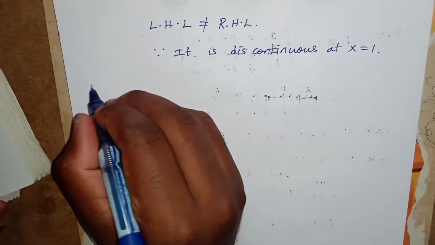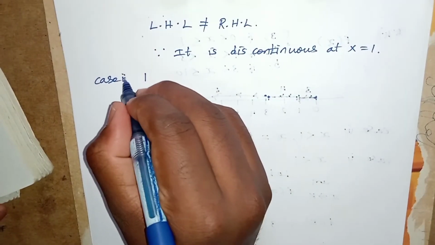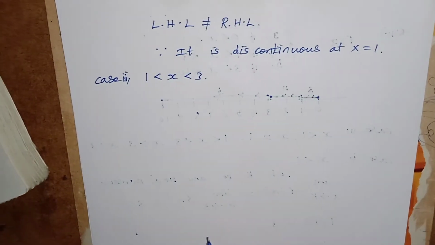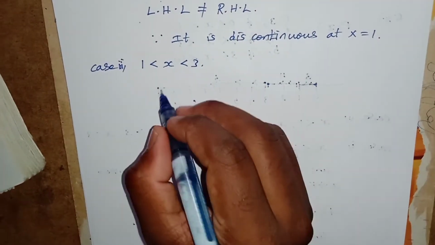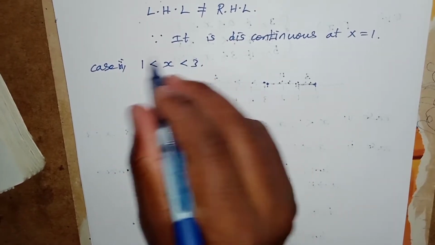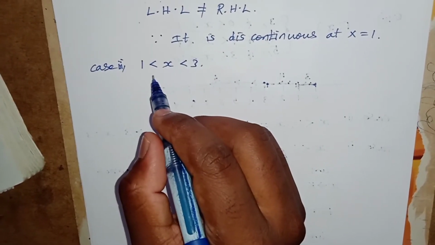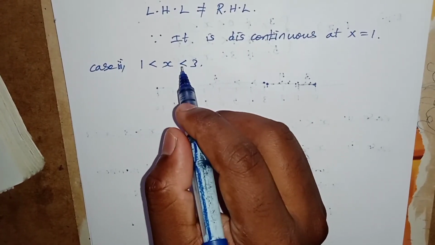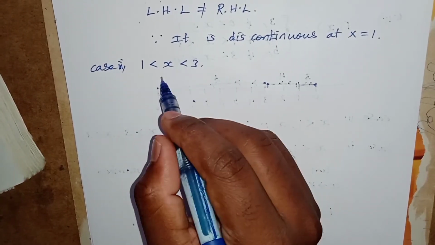Okay, next, case 3. 1 less than x less than 3. Now here, general term. Therefore we can take x as 1.1, 1.5, 1.9, 2, 2.5, 2.8, 2.9, we can take any value.